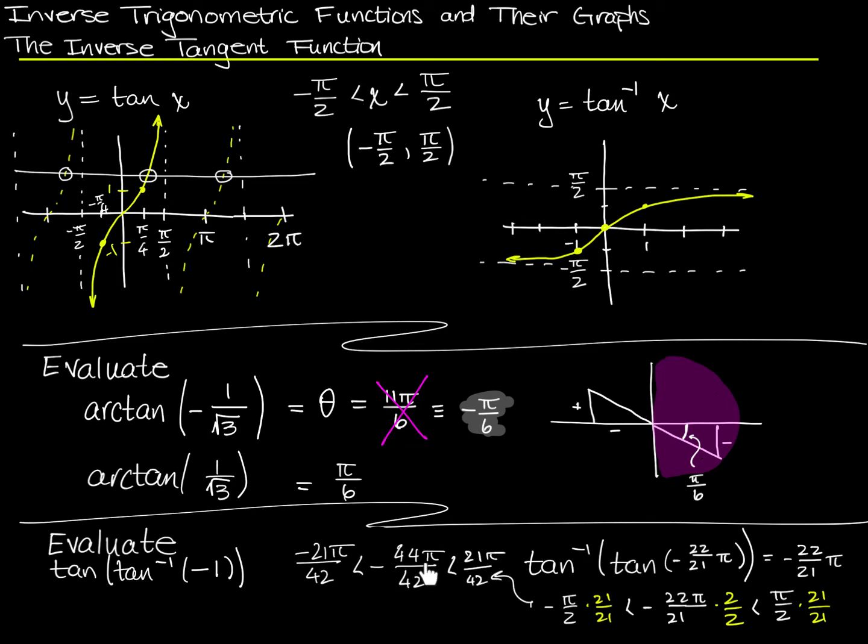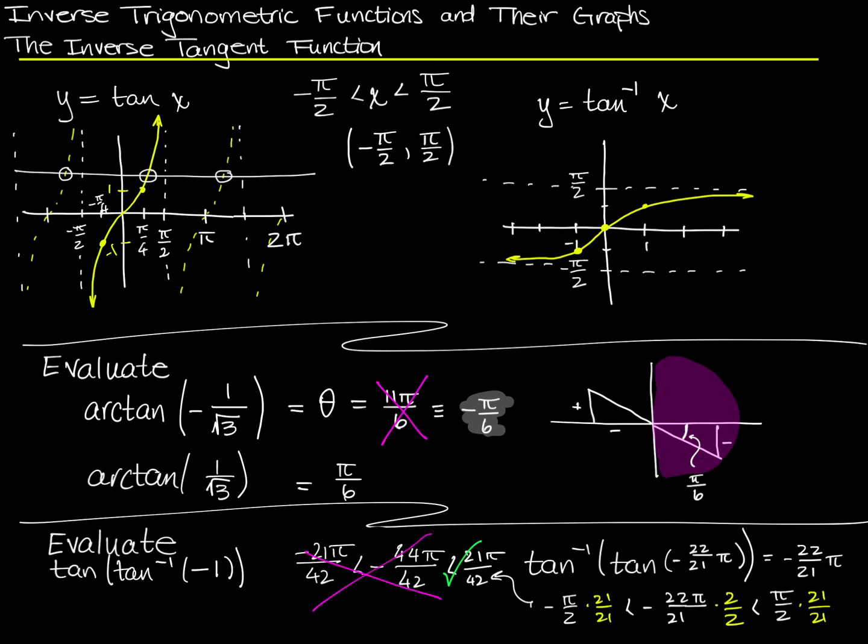Well, this part's true, right? Any negative number is going to be smaller than any positive number. So that inequality is true. But looking at this part, this negative number is not, in fact, smaller than this negative number. The absolute value of this number is greater than the absolute value of this number, but for that very reason, because they're both negative, this number is actually smaller. So this part of my inequality is not true.